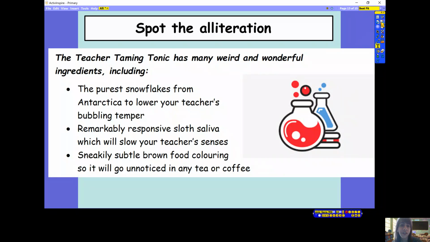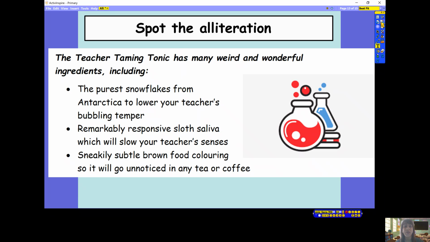So with that in mind, I have gone back to our teacher taming tonic. Again, alliteration in our brand name, and I want you to see if you can spot the alliteration in this section. This is the ingredient section. So take a moment now to pause the video and say it out loud to yourself anywhere where you can see alliteration.